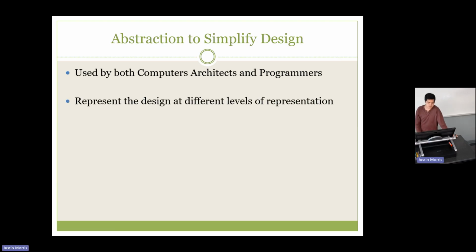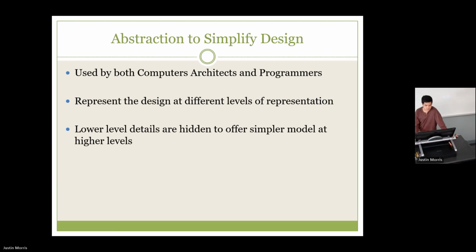So we already talked about these different levels of representation a little bit. We'll go into more details. And this was a key point that we discussed. So lower level details are hidden to offer a simpler model at those higher levels, and it helps you be more productive, like you mentioned.